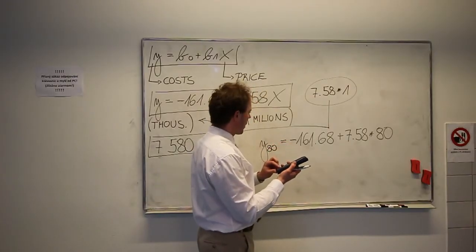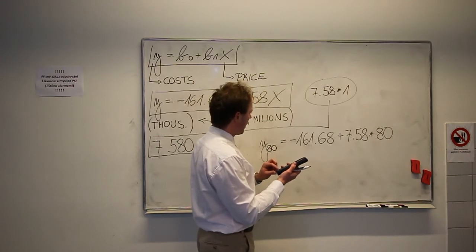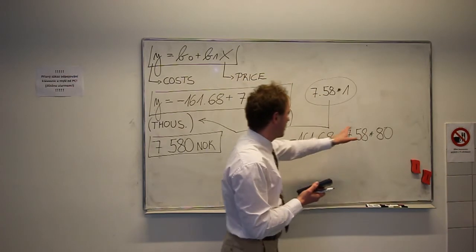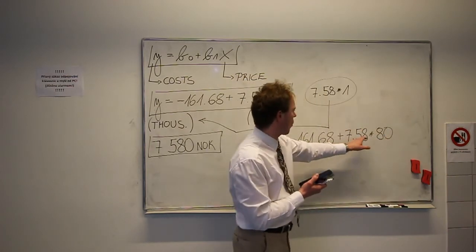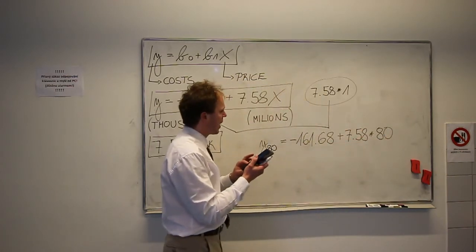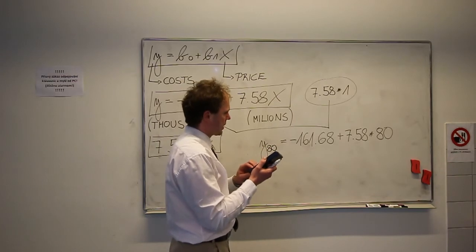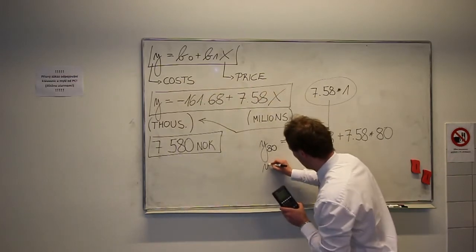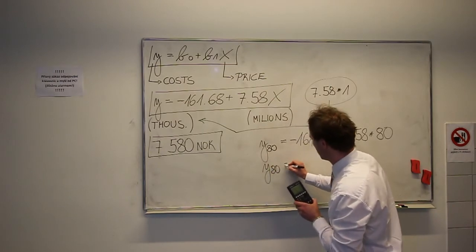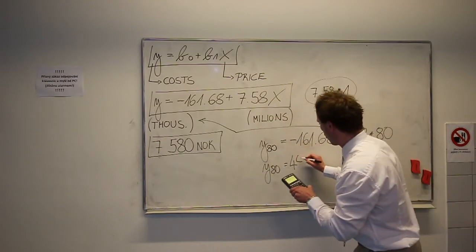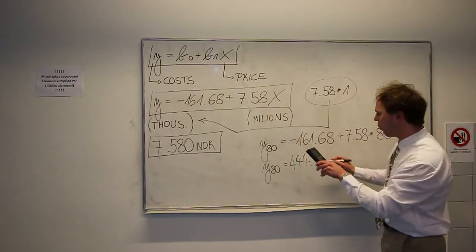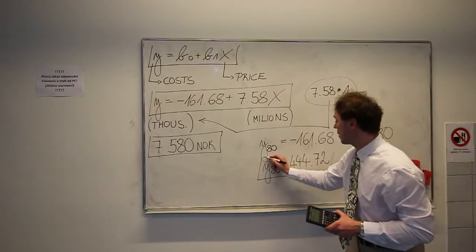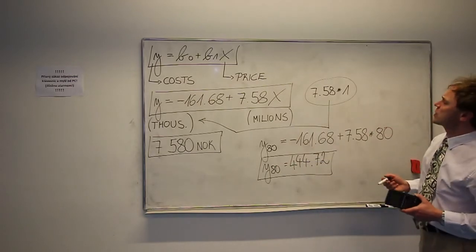Minus 161.68 plus this multiplication, 7.58 times 80. The result is y80 is equal to 444.72. Yes, this is the result, but we must interpret it.